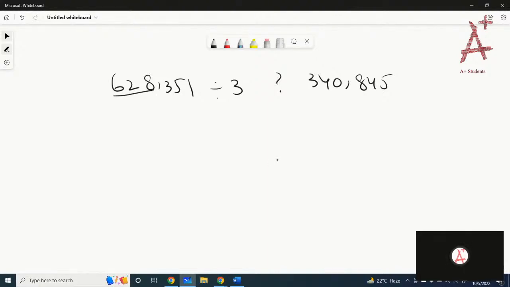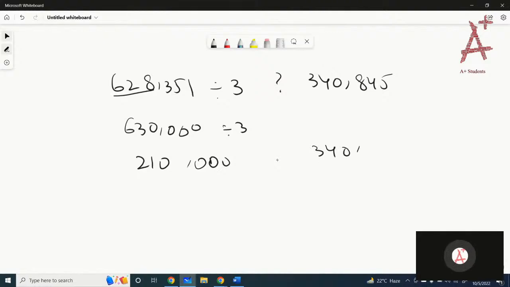So here you have 628,000. It would be rounded off to 630,000 because 63 can be easily divided by 3. So when you divide them, it would be 210,000. So 210,000 is less than 340,845. Got it? So you can complete the test right after the session.